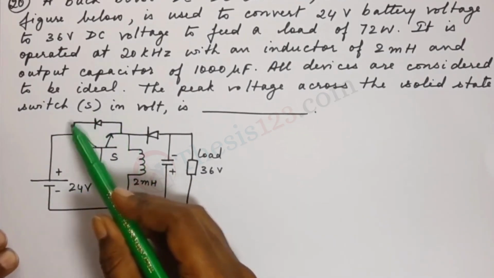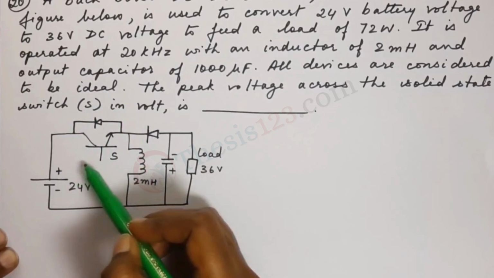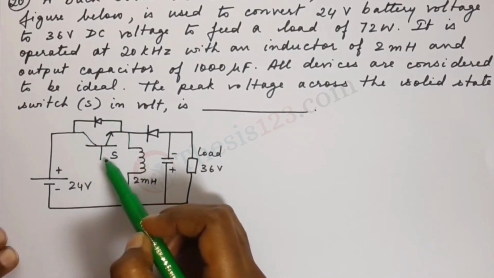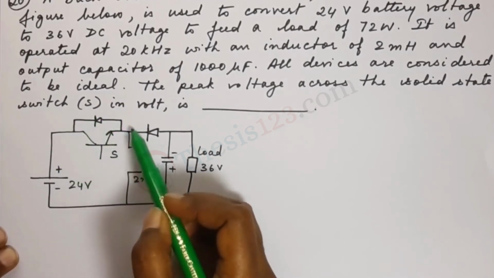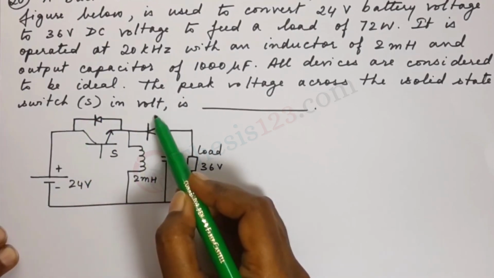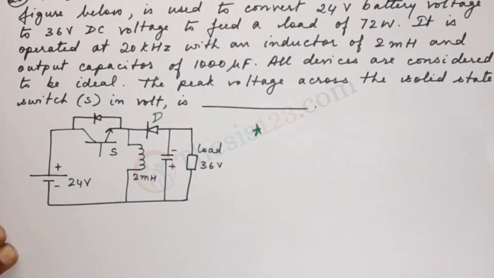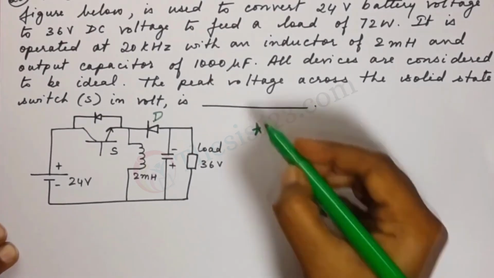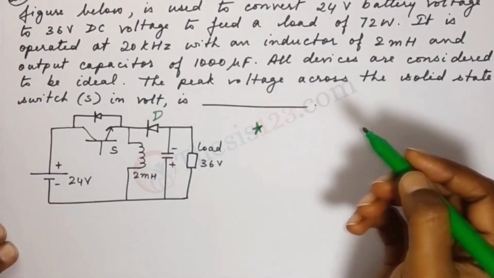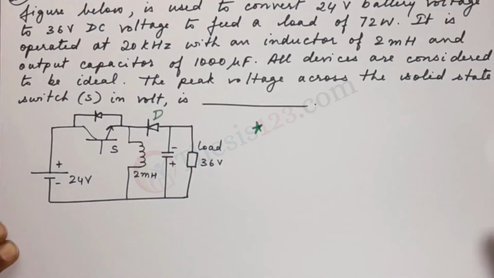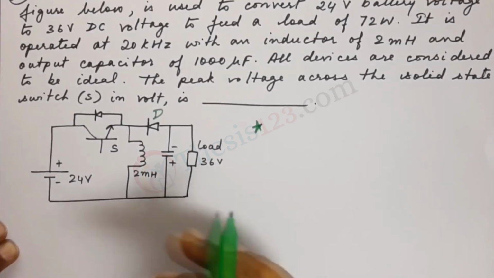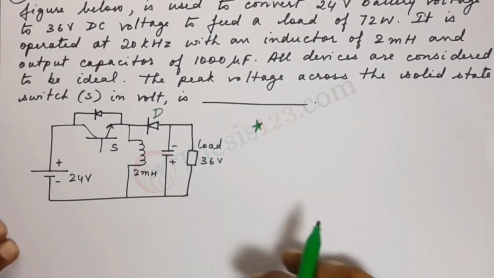Now the peak voltage across this is when the switch S is turned off, because when the switch S is turned off, the diode D turns on. Those are the basic points that will help you solve your problem. So you will have to know how a buck boost converter works.